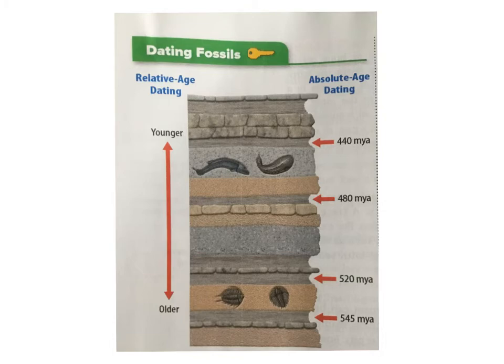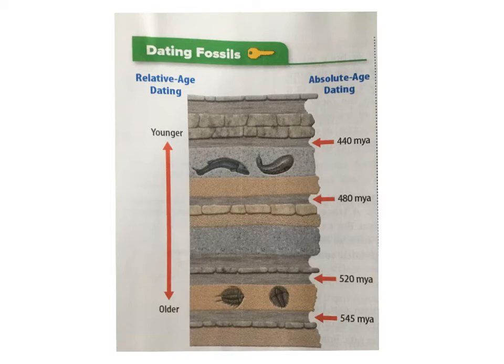All right, so now that they've found these fossils, they have to get them into the fossil record based on how old they are. There's two ways that they use to date or express how old a fossil is. So they might use relative dating.